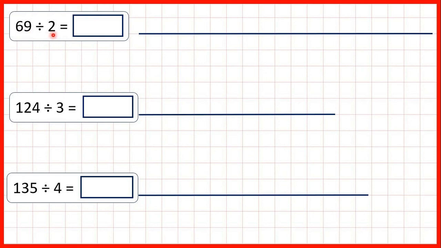Now one way to divide is to count up in steps of the divisor until we reach the dividend. But it would take us a long time to count up in steps of 2, so let's make 10 jumps of 2. That would take us to 20. If we made another 10 jumps, we would get 40, and another 10 would take us to 60. Now another 10 jumps would take us to 80, but that would be too many.